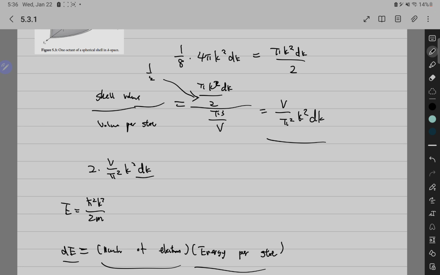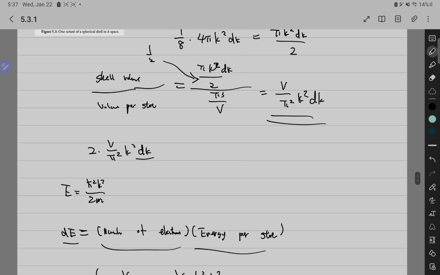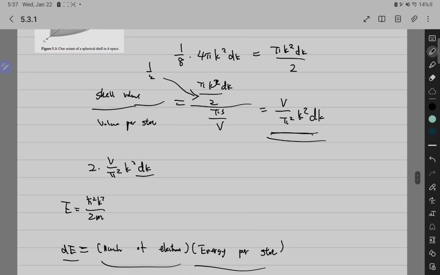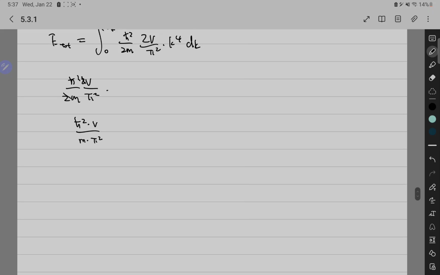I think when you multiply by 2, it cancels out. So during this step I forgot a 2 in here, which then will cancel out with the 2 we have here. So at this step, there will be no 2 in front of V, so it will be 2 h squared times V over 2m times pi squared is what we're going to have.